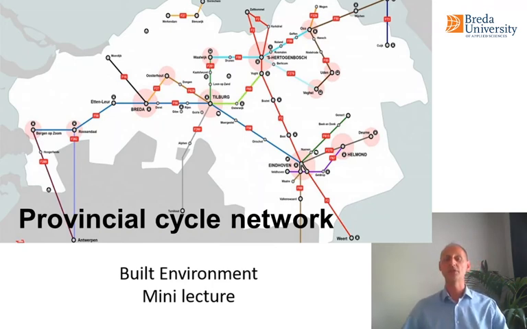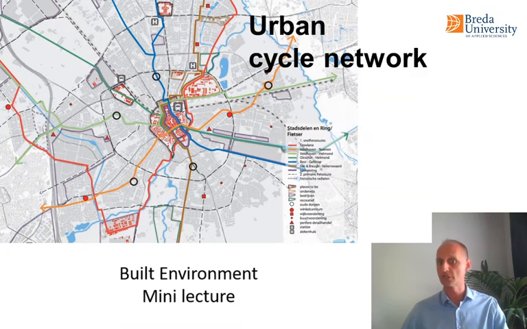So typically what you see is when you build infrastructure for mobility, you will also always get all kinds of new developments around it. And you can see that happening on the level of the province. But if we would zoom in on one of those cities in Noord-Brabant, Eindhoven, you can also see the same thing happening with an urban cycle network. Here you need to obviously consider a lot more practical small-scale details, and you see the lines are not as straight because now we do have to fit it exactly in the urban structure.